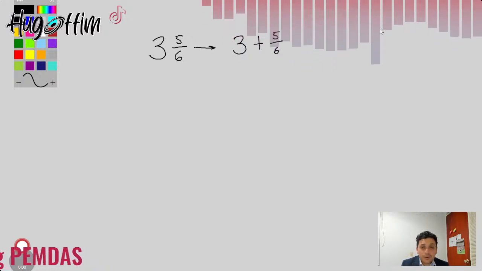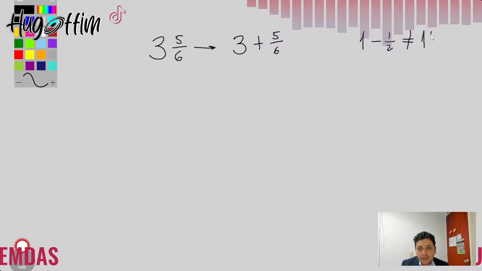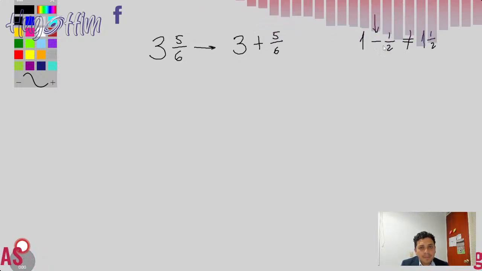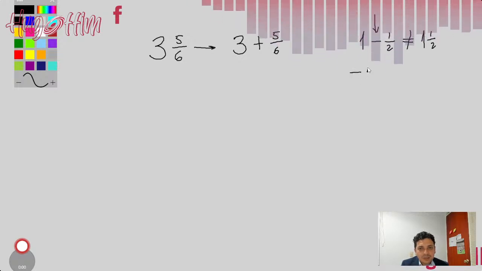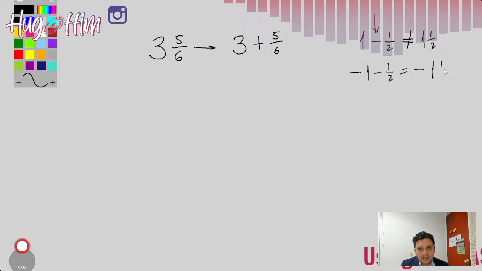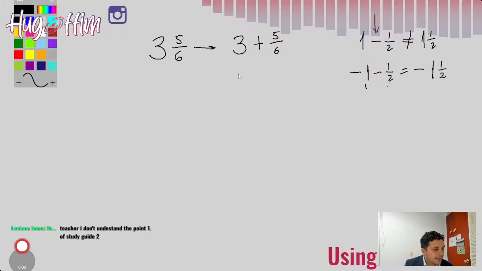This is why when you have 1 minus 1/2, you cannot write it as 1 and 1/2, because you're not adding the 1/2 to 1. You have two different signs, so you cannot add the distances. But if you have minus 1 minus 1/2, then you can write it as minus 1 and 1/2, because as both signs are the same, you add the distances. Okay, now how to convert it?